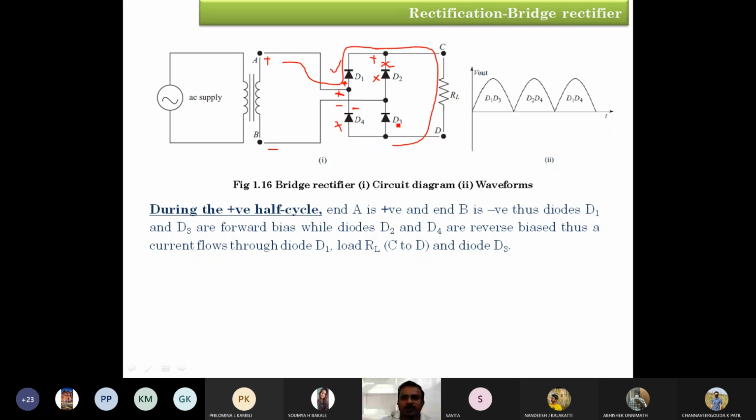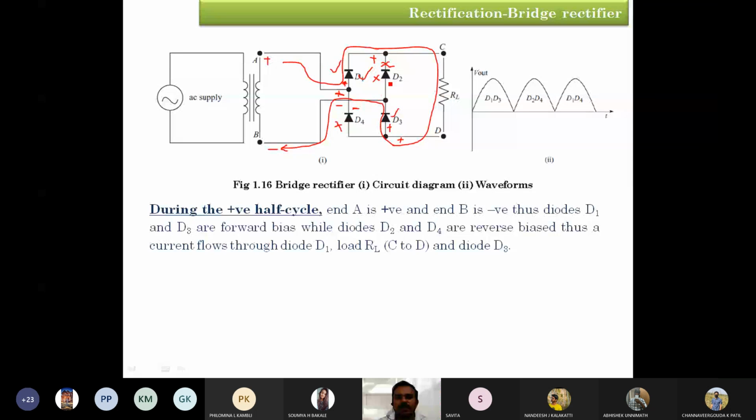Hence diode D3: this terminal is positive polarity and this one is the anode terminal of D3, so these two make diode D3 forward biased. Therefore, the current passes through D3 and reaches its destination. So this is the path of the current for the positive cycle of the input, where diodes D1 and D3 conduct and diodes D2 and D4 are in the off state.